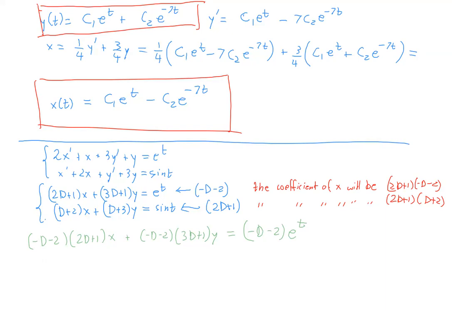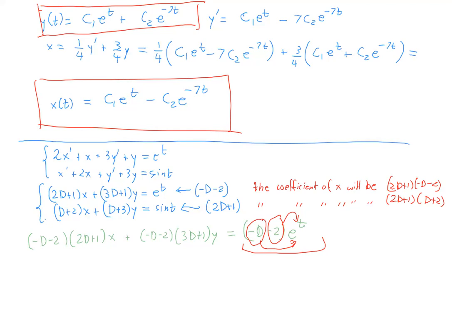And this is the point that I wanted to make. What is exactly (minus D minus 2) e to the t? You need to do a distributive law as usual. So you need to multiply e to the t by negative D, and you also need to multiply it by negative 2, right? So what is minus D times e to the t?